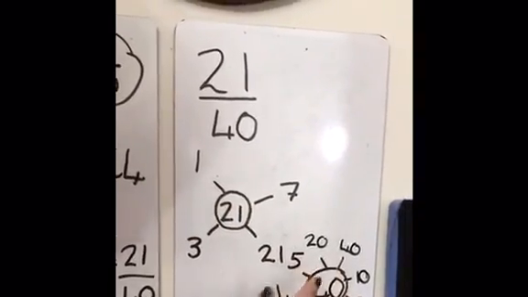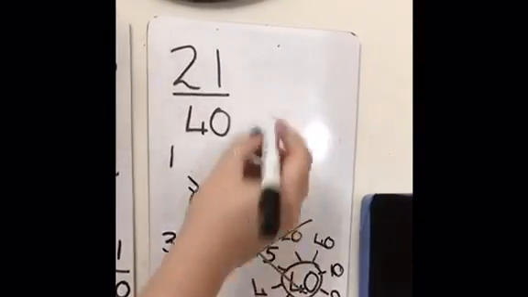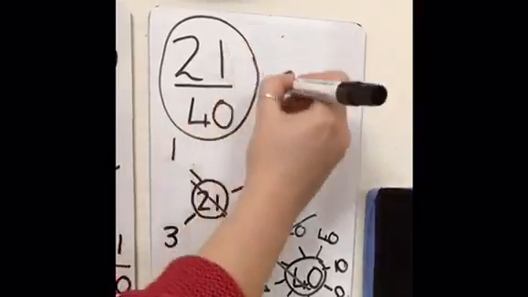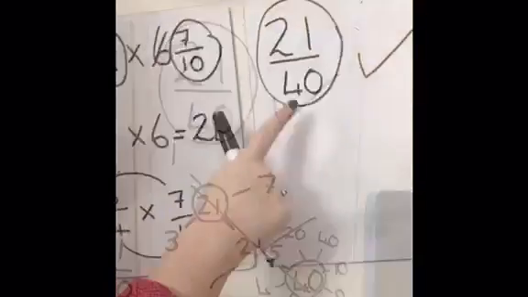As you can see, there are no common factors other than 1, therefore this number cannot be simplified.